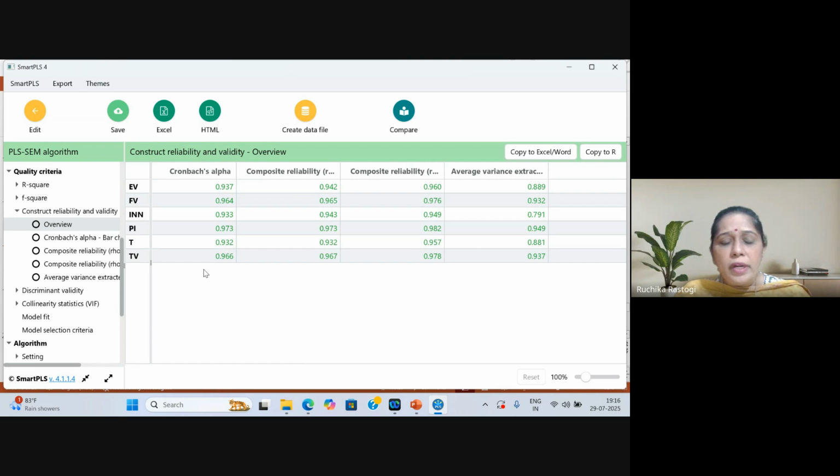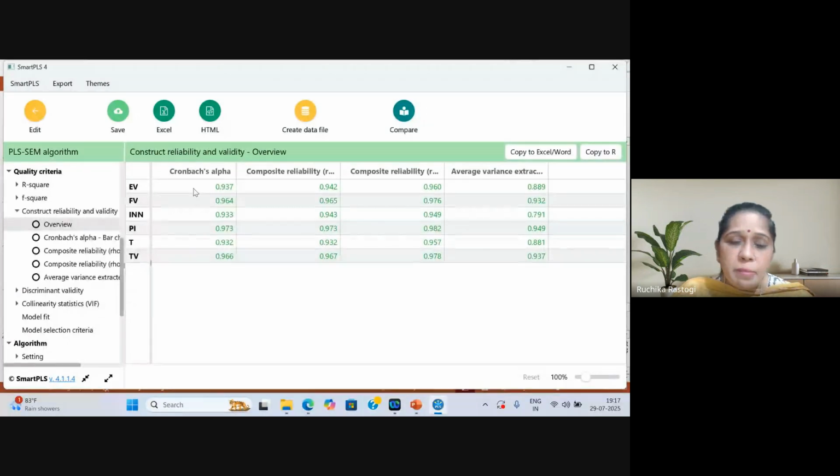Are you able to see the value of Cronbach alpha? Okay. So this is the value which you have to report for reliability, not validity. For the reliability, you will be referring to this value of Cronbach alpha.